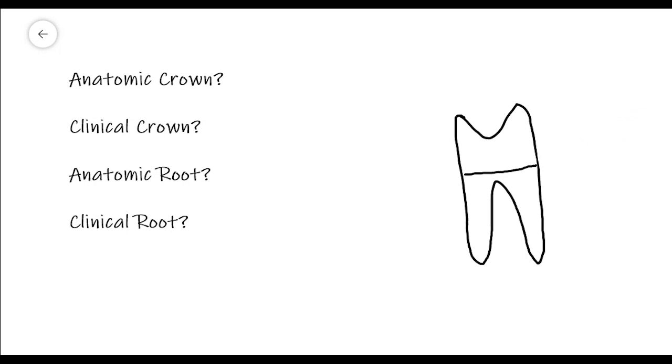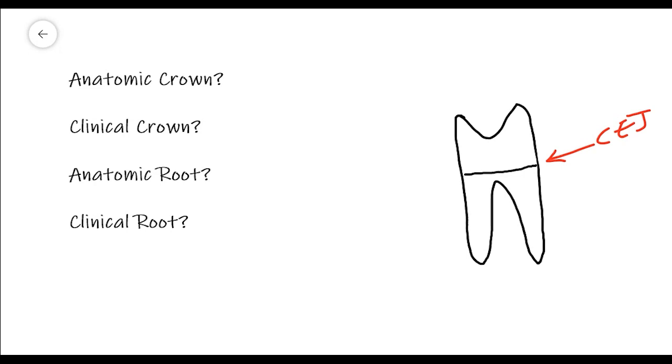Now talking about what's a clinical crown. Clinical crown, simply put, is the part of the crown that is visible in the oral cavity. Normally this CEJ part is not visible in the oral cavity. The gingiva, the soft tissue that covers the crown, is slightly placed above this CEJ.